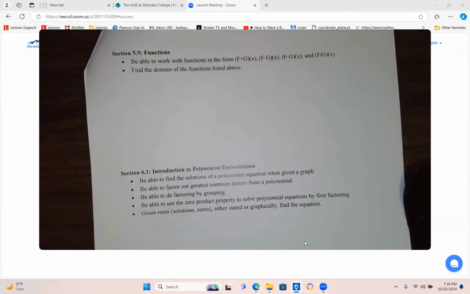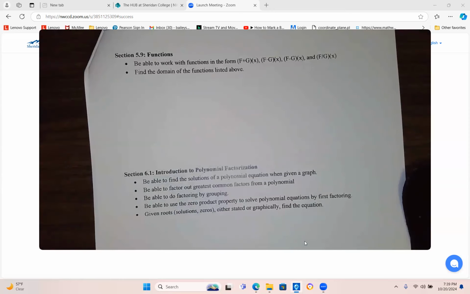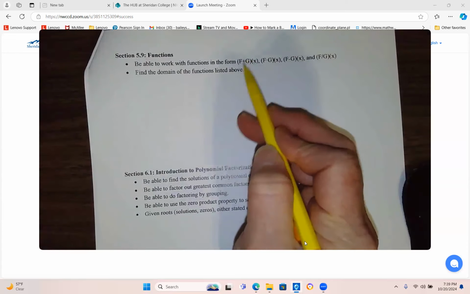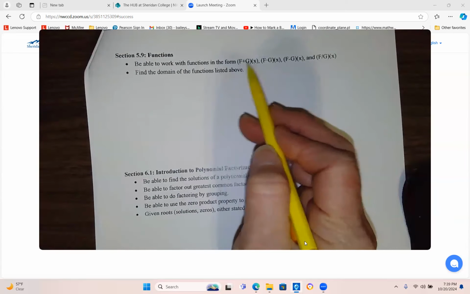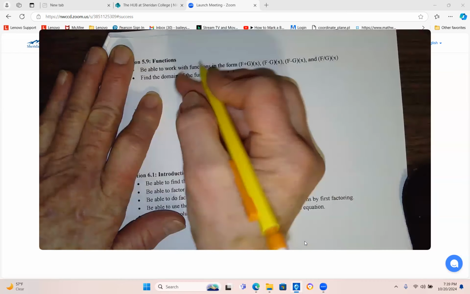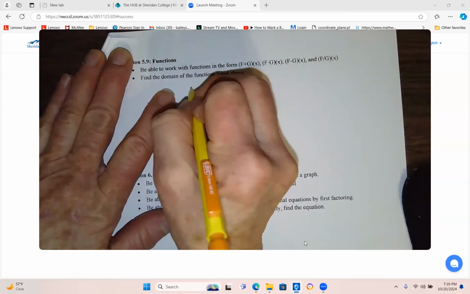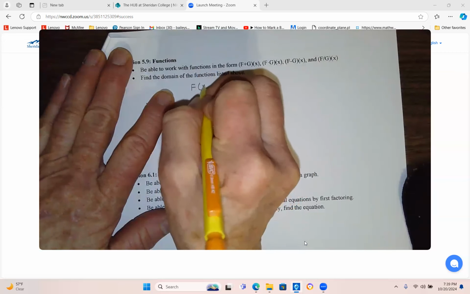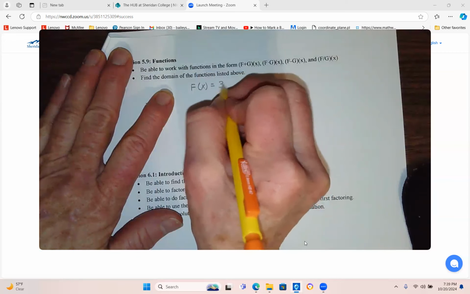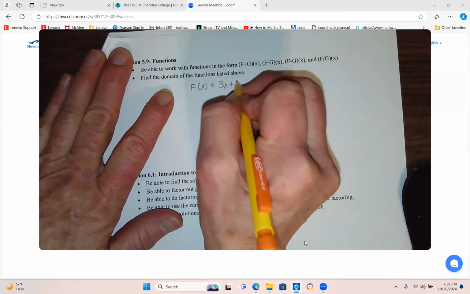5.9, functions. Be able to work with the functions, be able to add two functions together. So here you would put an x in for the variable. Let me look at an example. Let's say that f of x is equal to 3x plus 5.